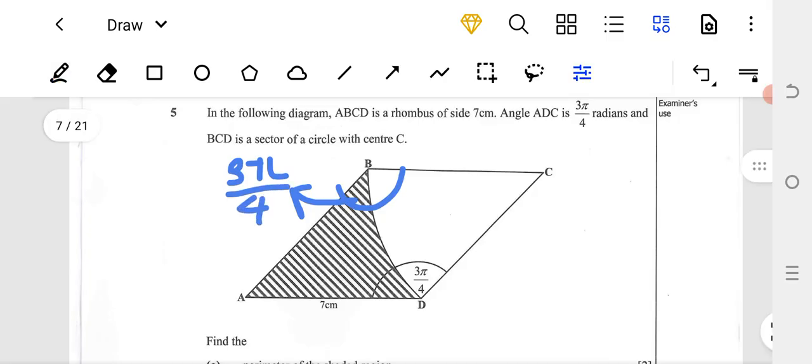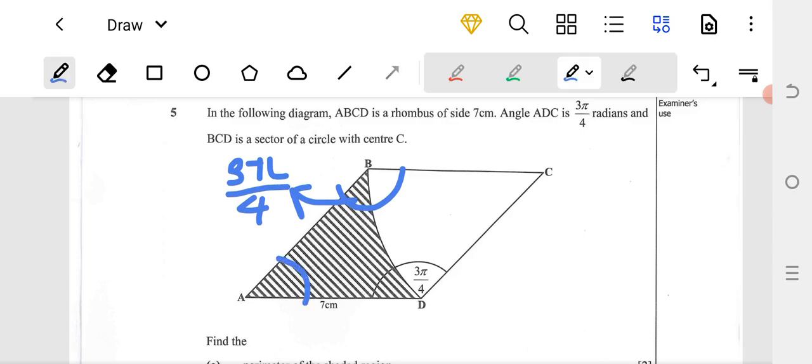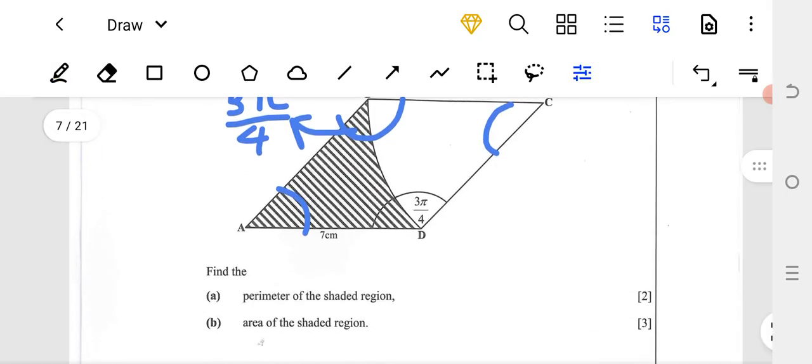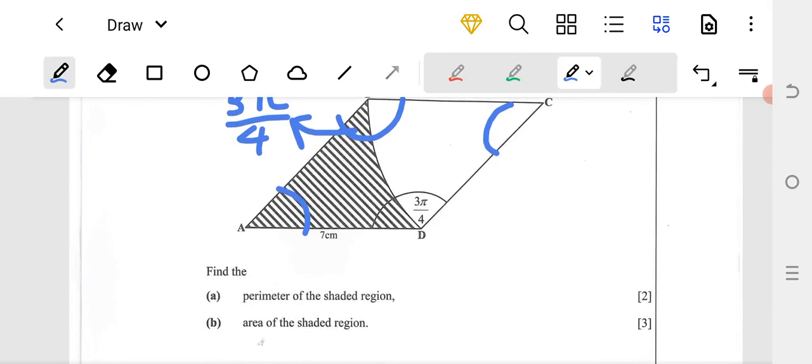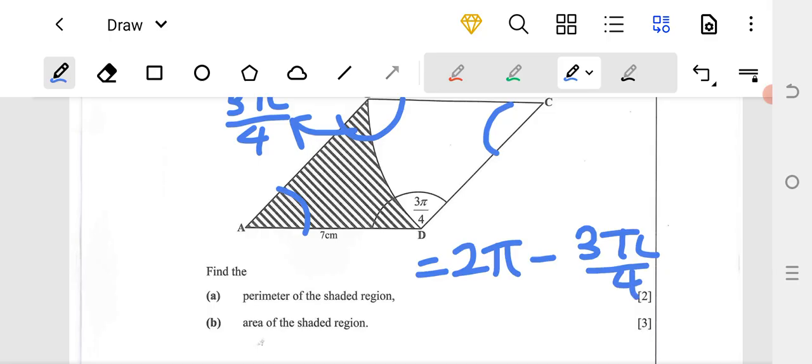Now, if we want to know the angle here and the angle there, we are going to say the sum is equal to 2 pi minus, in brackets, 3 pi over 4 plus 3 pi over 4.